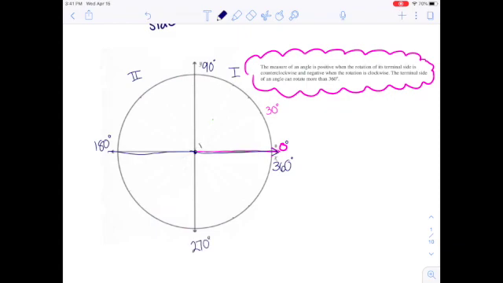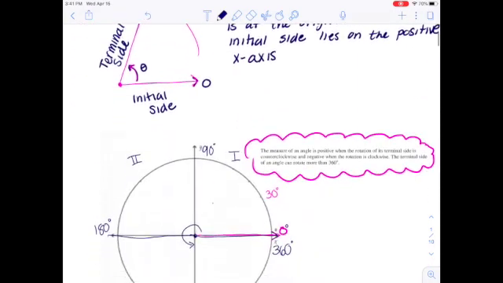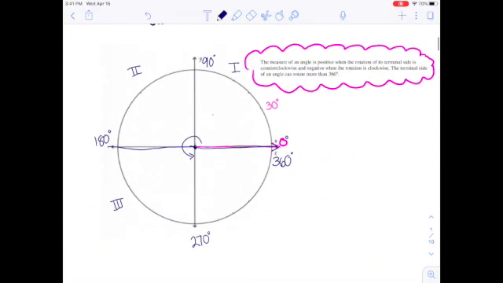And then you can have 270, an angle all the way down here, right? That would make up your angles between 180 and 270 in your third quadrant. And in your fourth quadrant, you're going to have angles between 270 and 360.